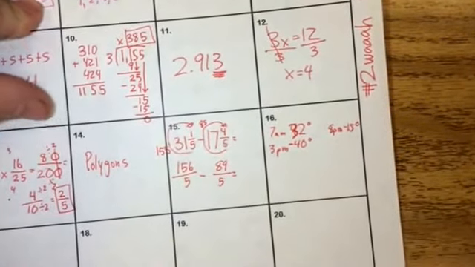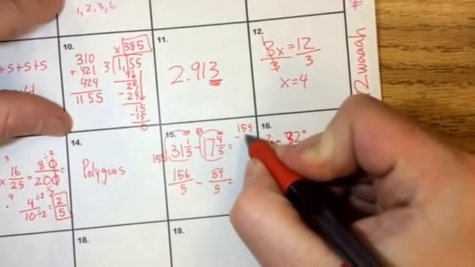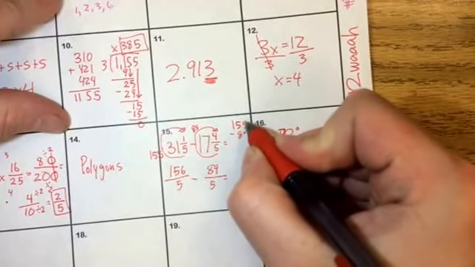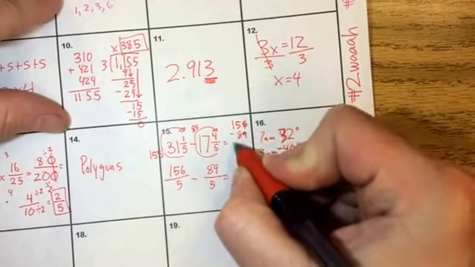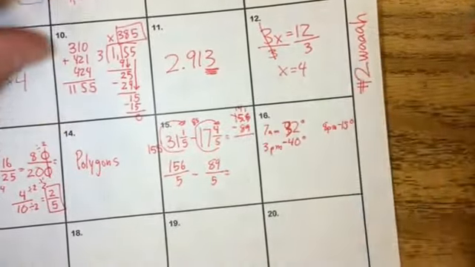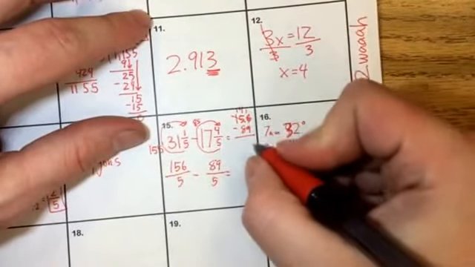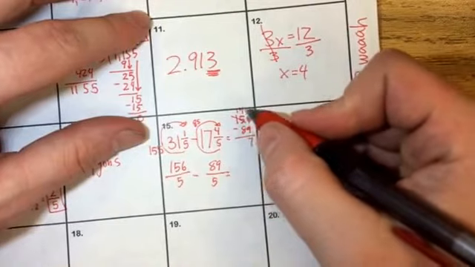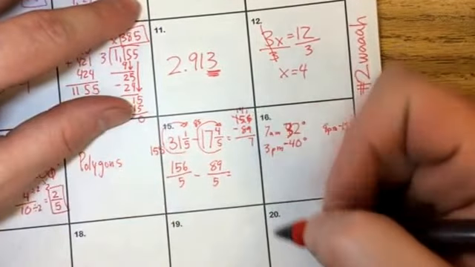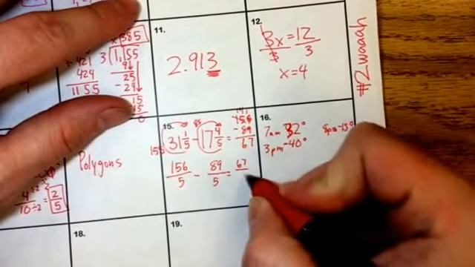And then I'm going to solve 156 minus 89 here. I'm going to borrow from my 15, change that to a 14. 16, 15, 14, 13, 12, 11, 10, 9. I'm left with 7 here. 14, 13, 12, 11, 10, 9, 8. I'm left with 6.